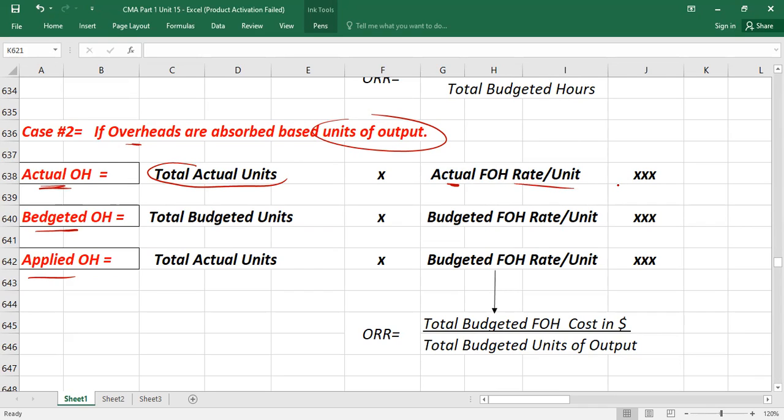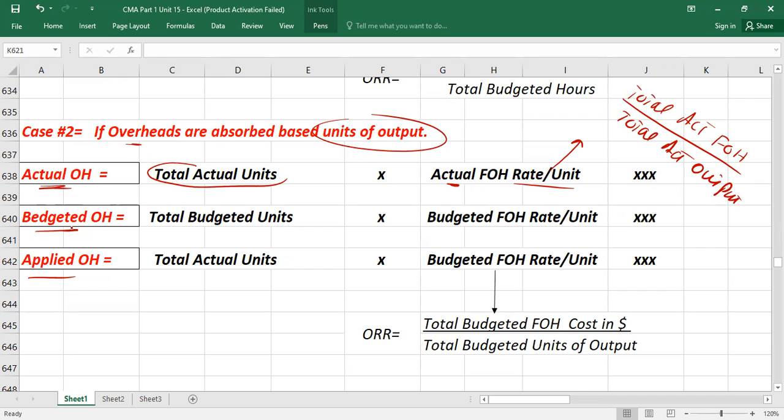Actual rate per unit. You will tell me, you all are accountants. I want actual rate per unit. How can I find it? I'll take total actual fixed overhead dollars divided by total actual output. This will give you actual rate per unit.